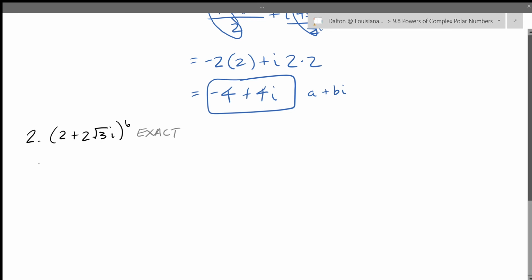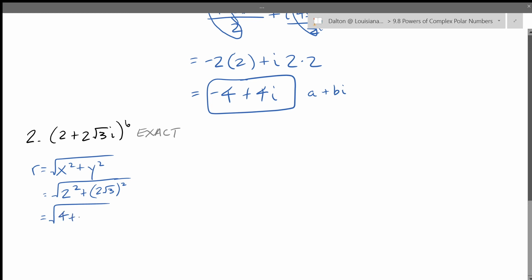So if we do that, if you recall, r is equal to the square root of x squared plus y squared. So for us, that's going to be the square root of x is 2 squared plus y is 2√3 squared. So then 2 squared is 4.